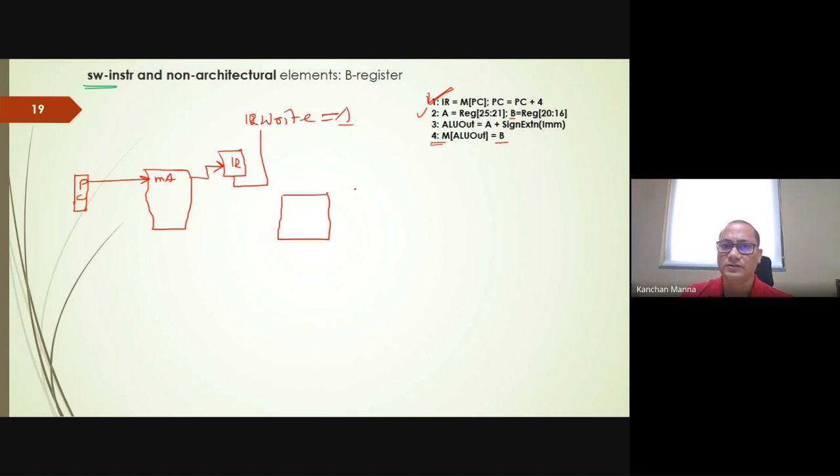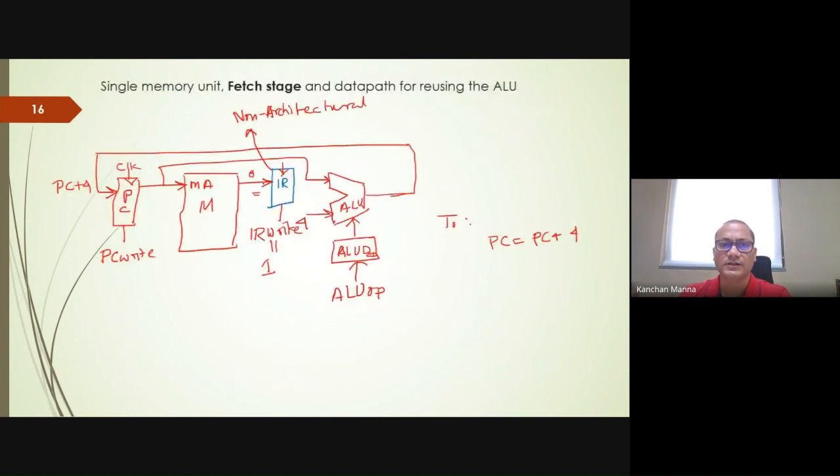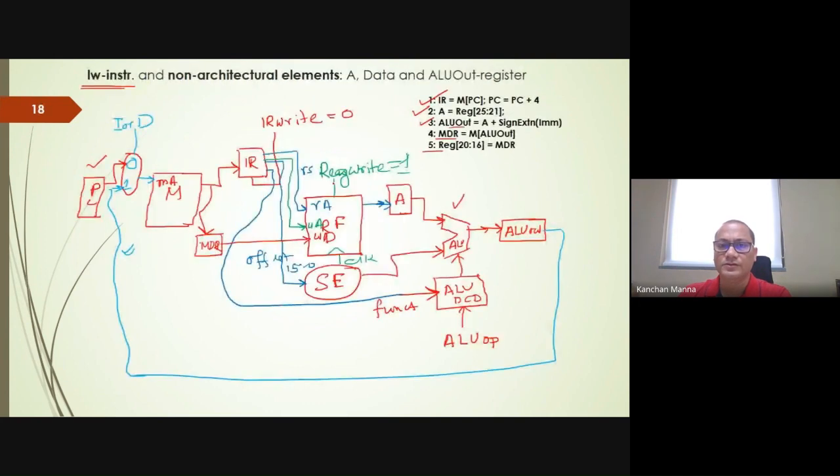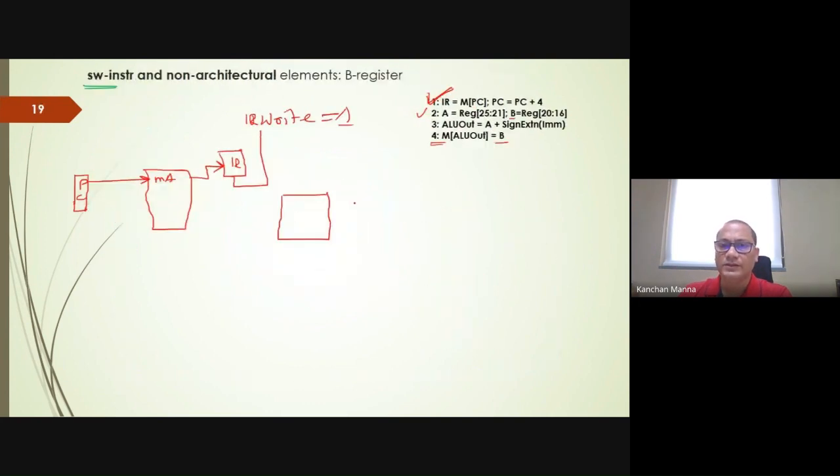So that we'll do using the ALU, right? That we have discussed, let's say, during the fetch phase. So that is happening here, right? So we also have the ALU.